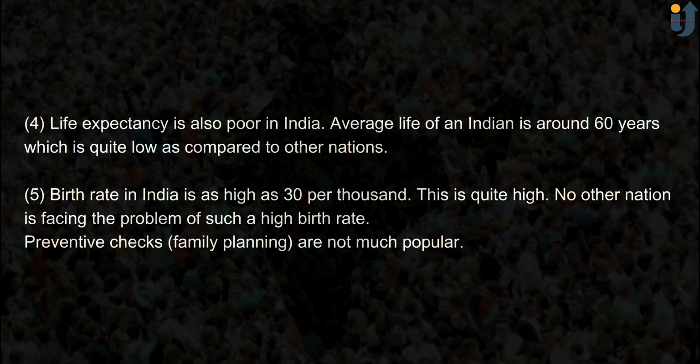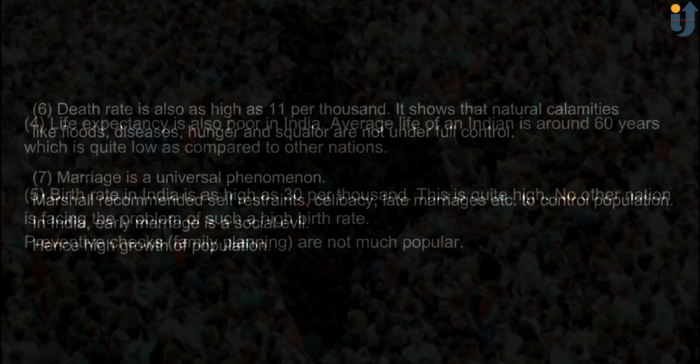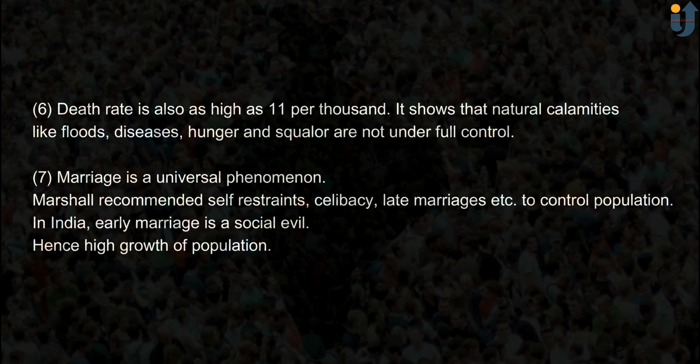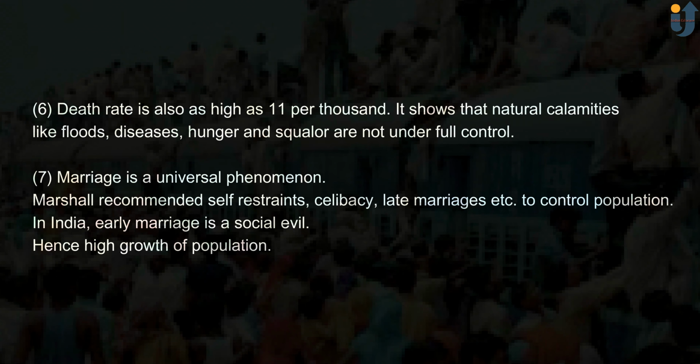Preventive checks, that is family planning, are not much popular. The sixth is that the death rate is also as high as 11 per thousand. It shows that natural calamities like floods, diseases, hunger, and squalor are not under full control.